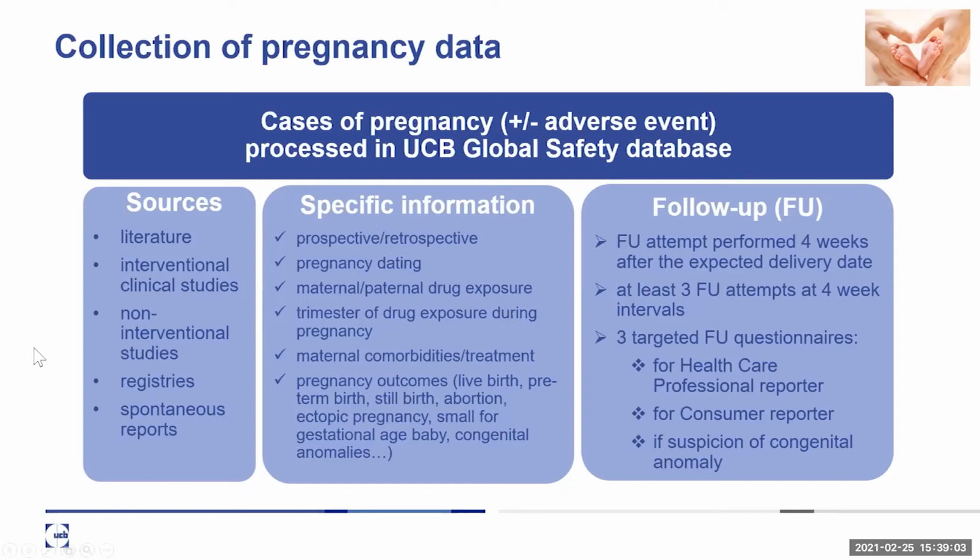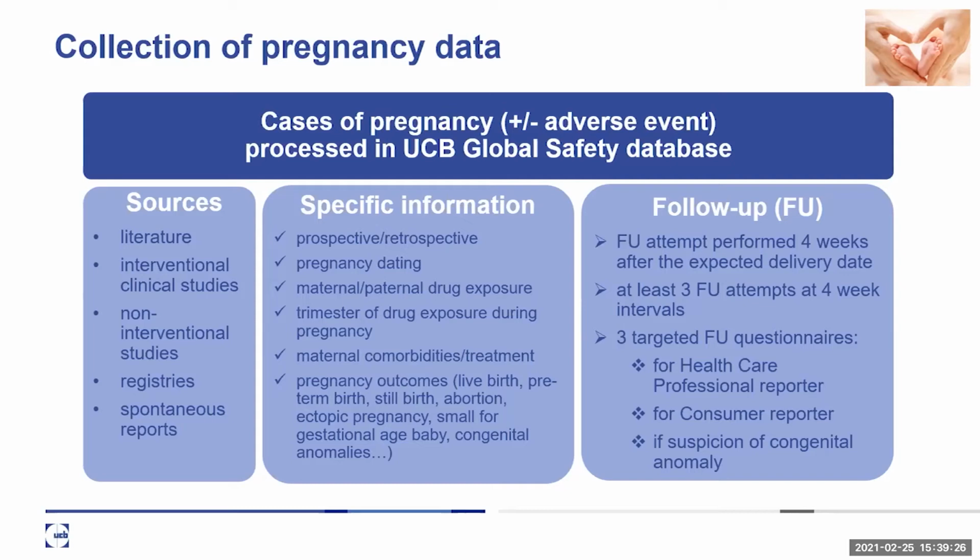So you can see that those sources can be publication studies, which can be interventional or non-interventional, registries or spontaneous reports. So the spontaneous reports are the cases that we receive from patients themselves, from physicians, from nurses, from pharmacists.